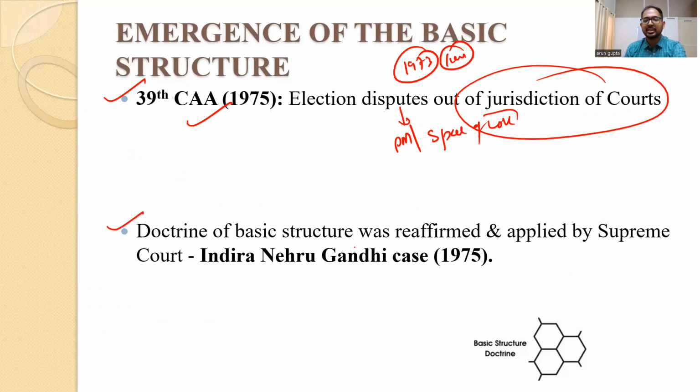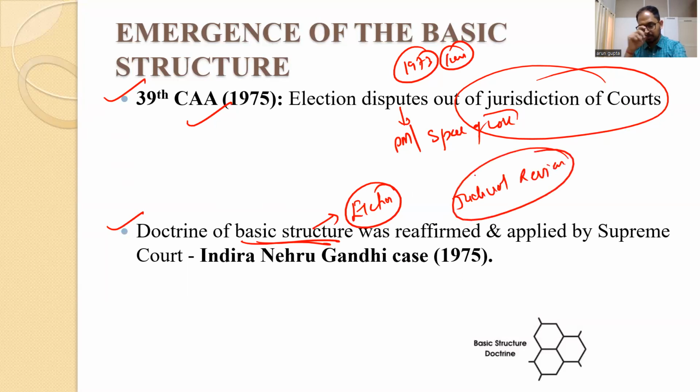And in this, the court says that the basic structure includes election and judicial review, that is, the power of the court to review anything, or the power of the court to have its own judgment regarding the election dispute. So election disputes can be challenged in the High Court and Supreme Court.